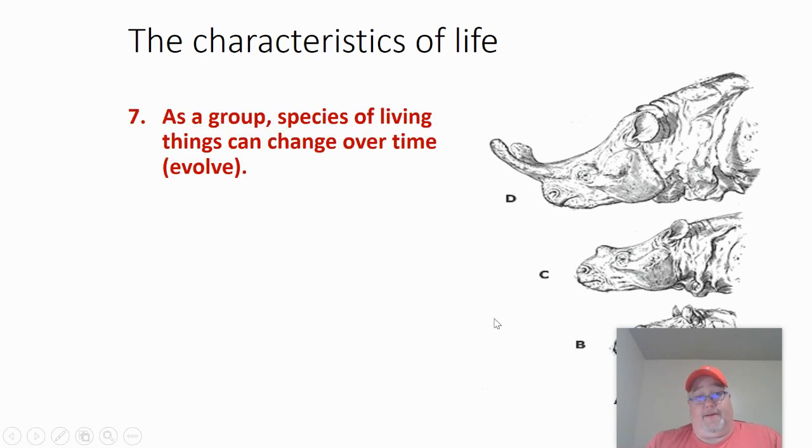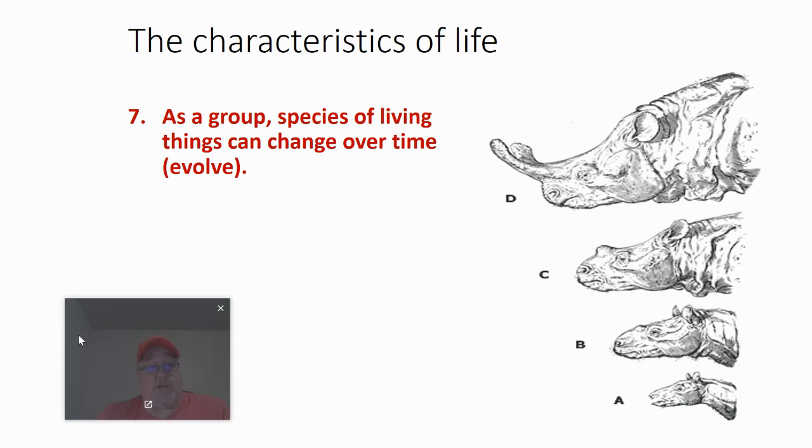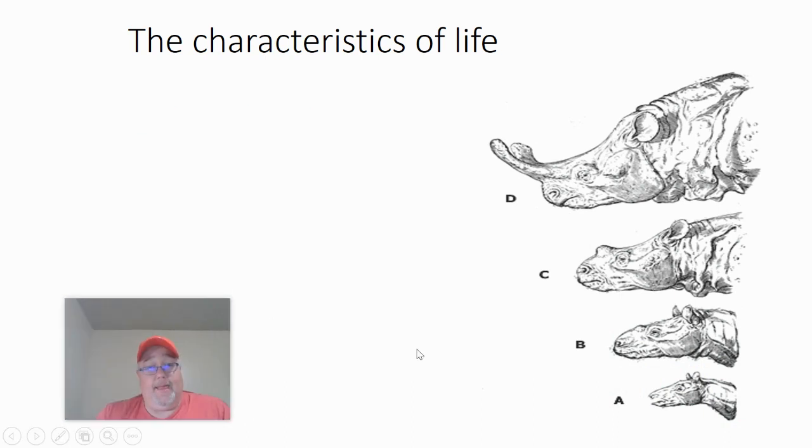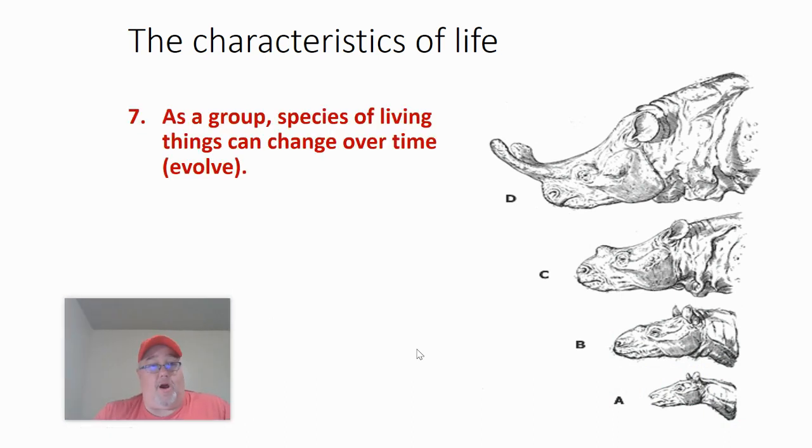All right, number 7. As a group, species of living things can evolve or change over time. This one's a little bit hard, I think, for kids to understand at the beginning of the school year. The word evolve means changing over time.